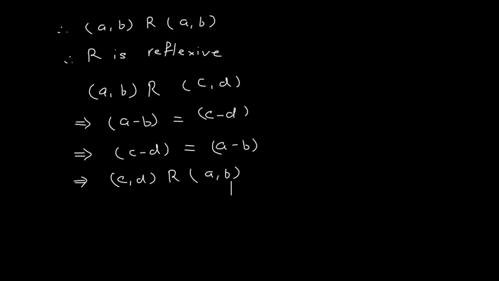So therefore this relation R is symmetric. We proved that (C, D) is related with (A, B), so R is a symmetric relation.